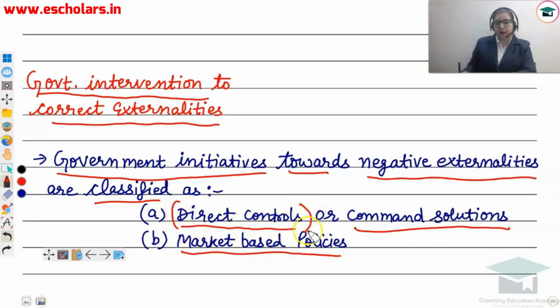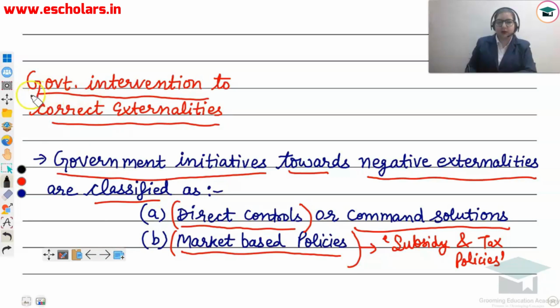Under direct controls, or you can say command solutions, the government takes the steps directly for the people who are engaged in creating negative externalities. Okay. And market based policies includes the subsidy and tax policies used by the government for correcting the effects of negative externalities.